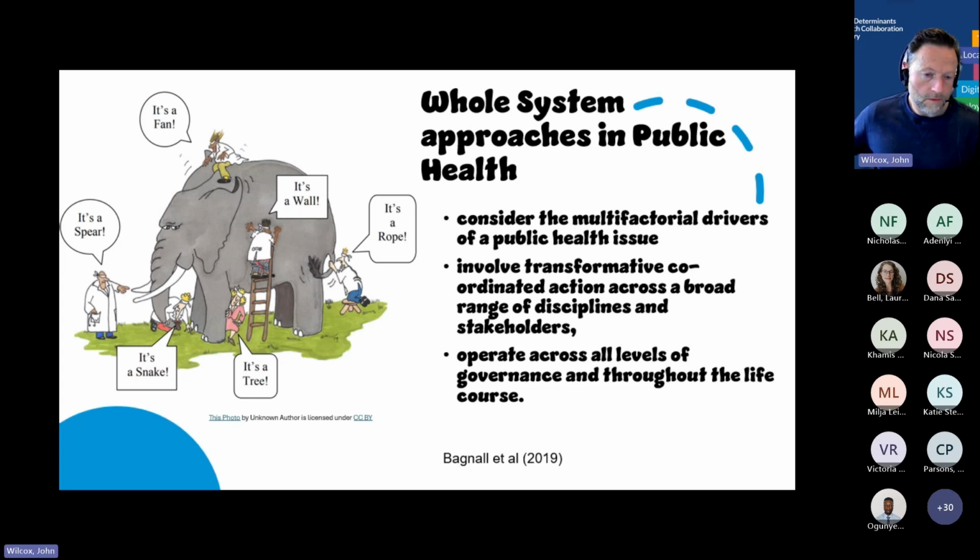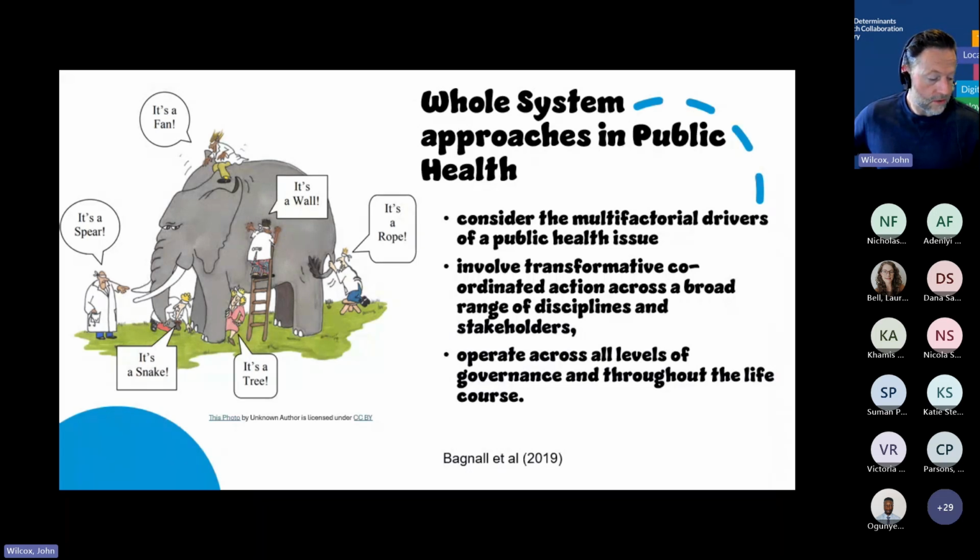As we know, those of us that work in or do research on complex public health issues, if you're trying to address not just the consequences of a public health issue, so for example, in sexual health, we're not just focusing on treatment, but trying to intervene on the behaviours and the causes of those behaviours, we need to interact with people from a wide range of disciplines and other stakeholders, particularly the people and communities that are affected. All of these things are really important in a whole system approach in public health.